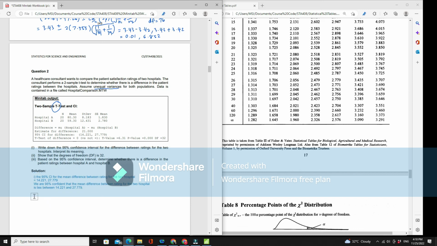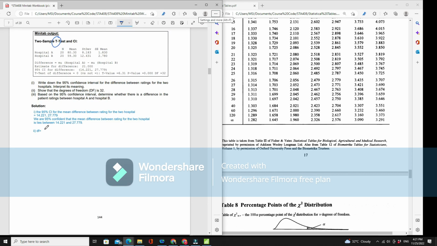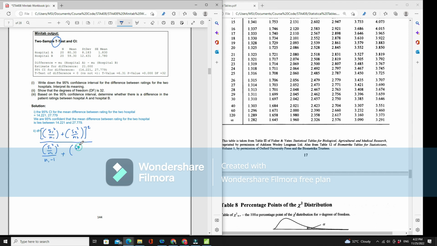Right. The formula is given for degrees of freedom. So the formula is s1 squared over n1 plus s2 squared over n2, all squared, over s1 squared over n1 squared over n1 minus 1 plus s2 squared over n2 squared over n2 minus 1.